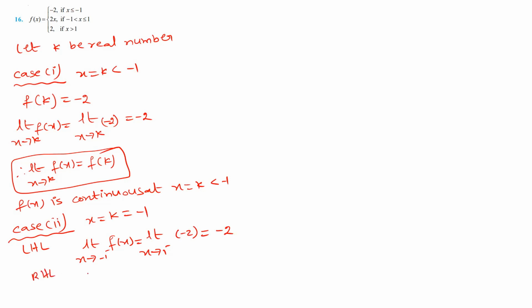Next RHL, limit x tends to -1 plus f of x. So -1 plus means greater than -1, that is 2x. You will get 2x. So 2 into wherever x is there, we'll substitute -1. So this is equal to -2 we'll get here.